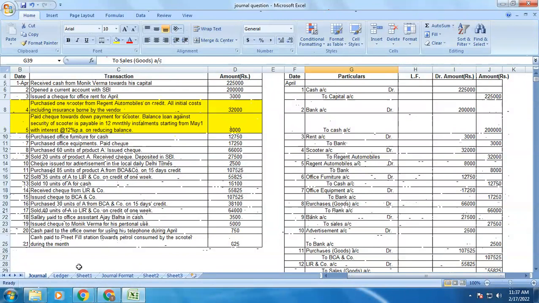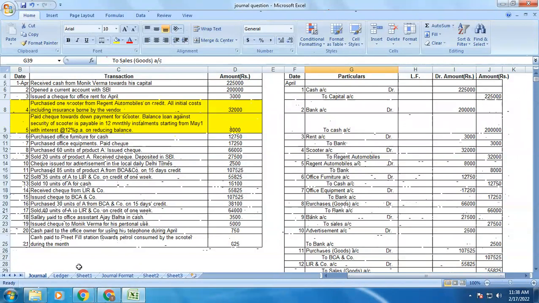Okay, so 60 units at the rate of kitna hoga? If we paid 66,000, how much would one unit cost to us? 66,000 divided by 60. ठीक है, 1100 rupees.